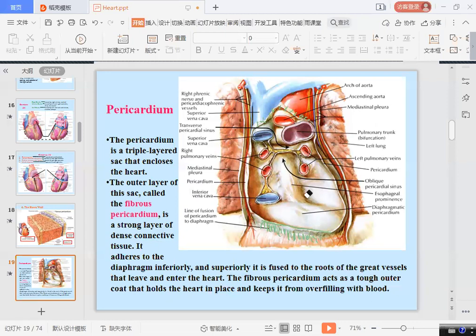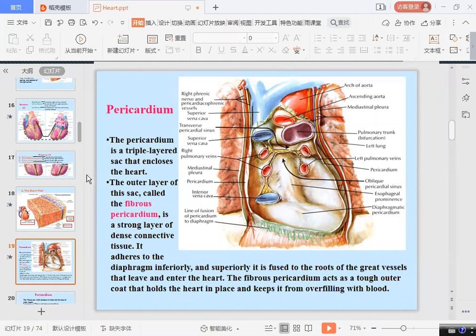If there is increased blood in the heart, because the heart has a limited capacity to accommodate the volume of blood, the fibrous pericardium prevents overfilling of the ventricles. This is its main physiological function, and it also protects the heart from injury.